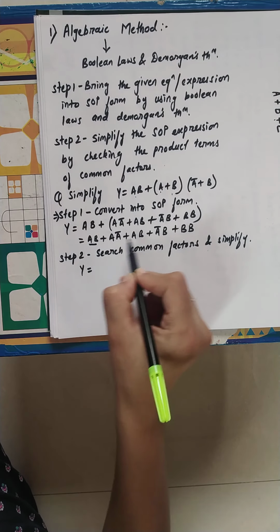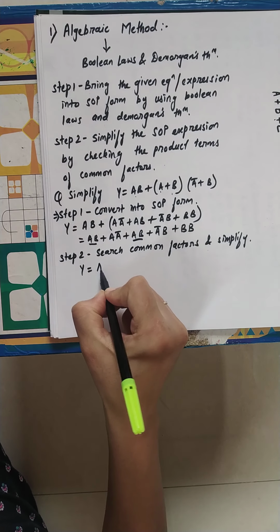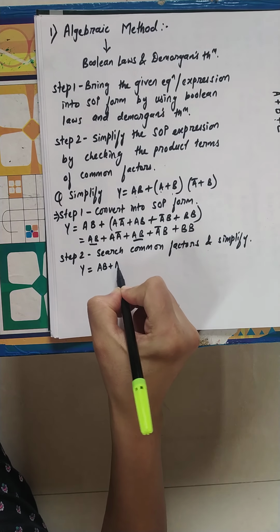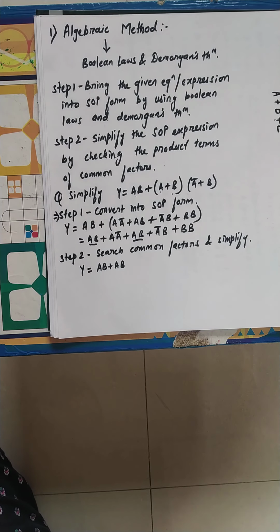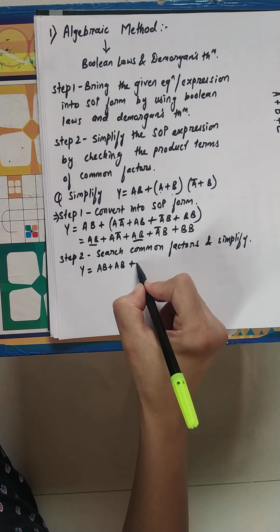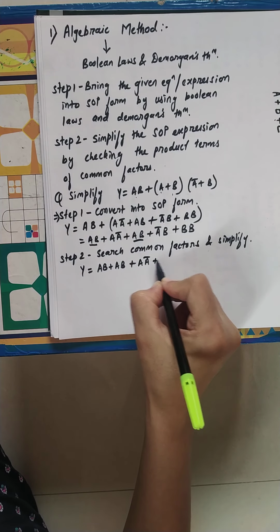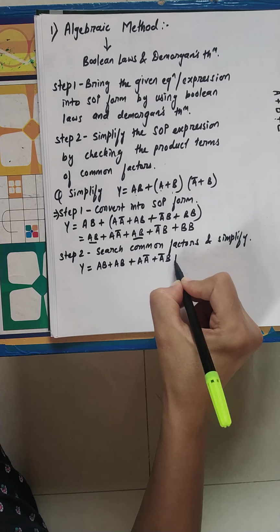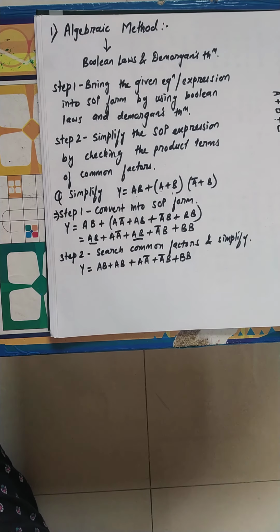You can see AB plus AB, these are two product terms, so I'll write these two product terms adjacent to each other, plus A A bar plus A bar B plus BB, right?